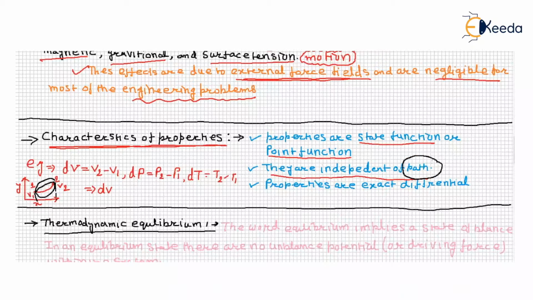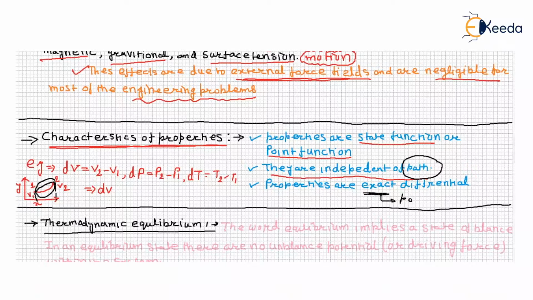The property which is independent of path, that is the characteristic of properties. And these properties are exact differentials. That means it is a point function.